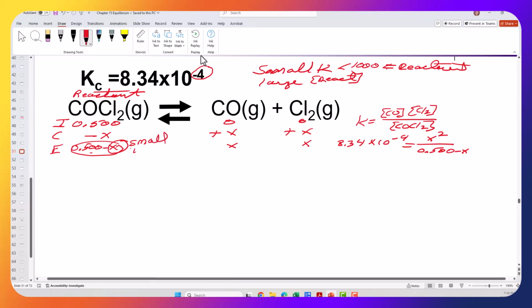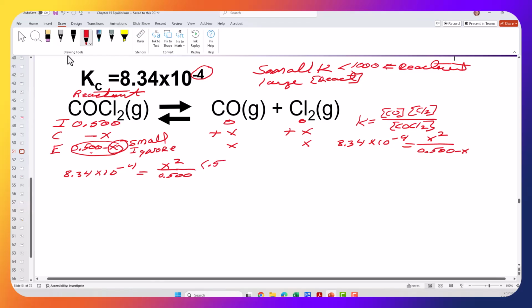I'm going to ignore it and test later. You just want it to be small enough to ignore. So instead of dividing by 0.500 minus x and getting a quadratic, I'm going to do this: 8.34 times 10 to the minus 4 is equal to x squared divided by 0.500. Now that is a much easier problem.